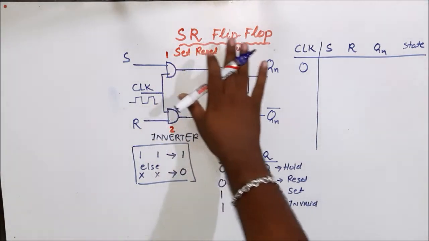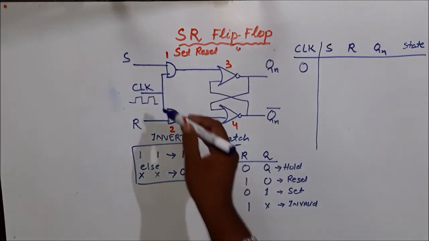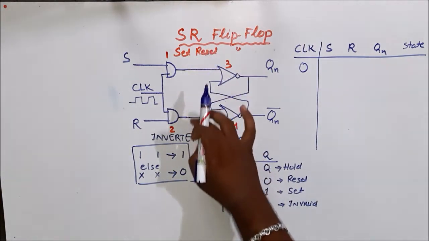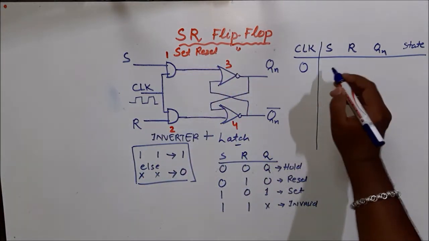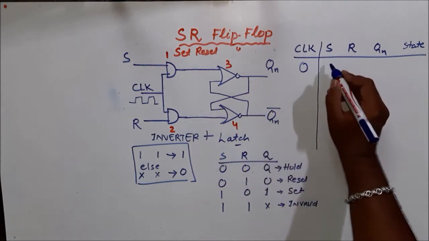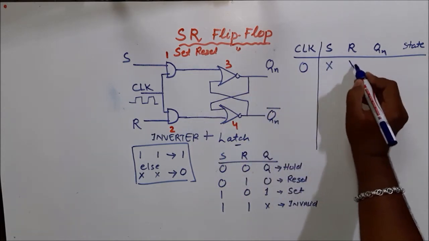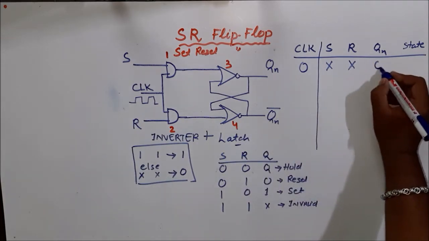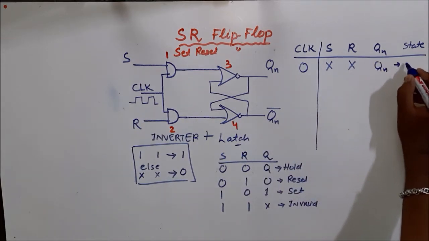This is the internal circuit. So if my clock is 0, irrespective of the S and R values, Qn remains Qn. That means hold state.